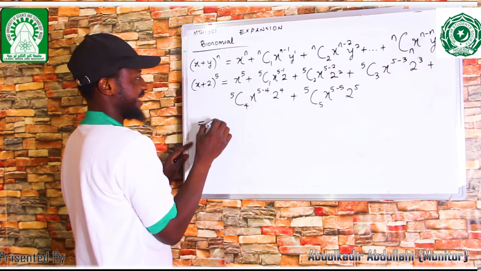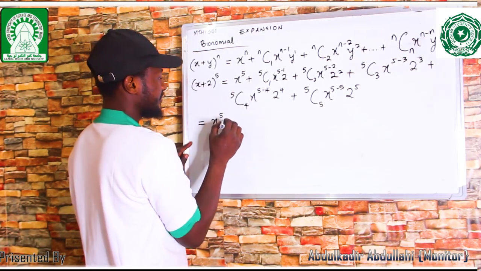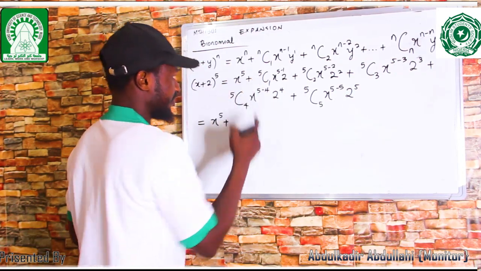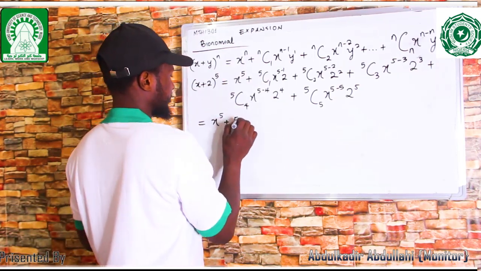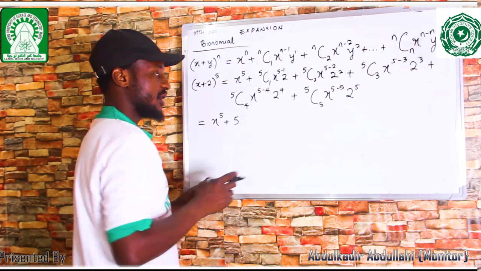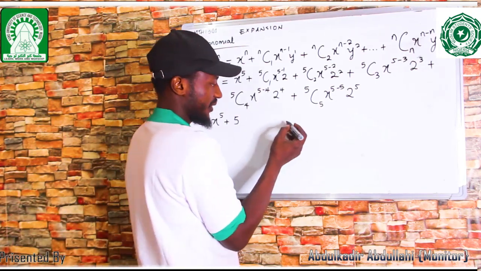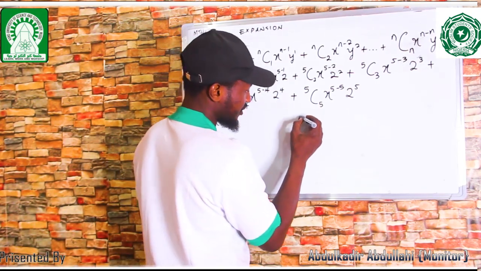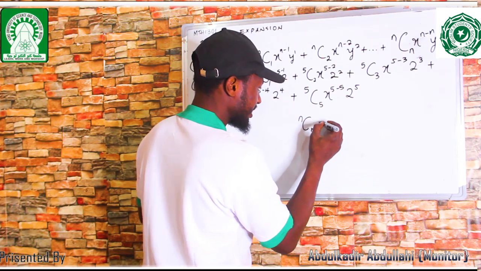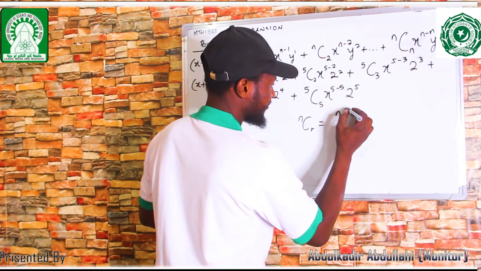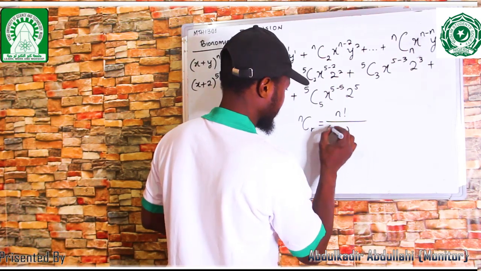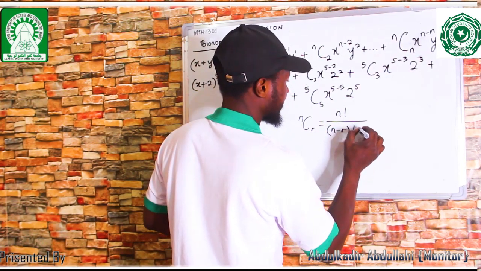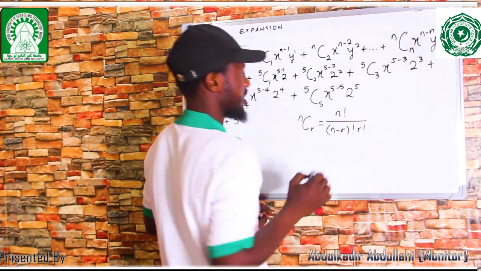We are going to have x power 5 plus 5 combination 1, which is 5. You either use your calculator or you use the formula which says that n combination r is the same thing as n factorial divided by (n minus r) factorial multiplied by r factorial.